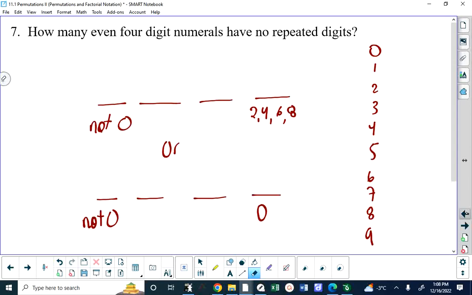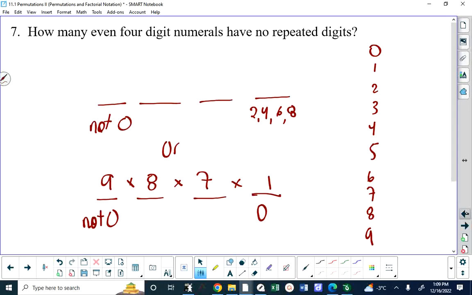There's no other way that I've ever discovered or seen where it works. So if you say, let's just do the even ones that end in a 0. Well, this is 1. And you've used the 0, which means this is 9. And then this is 8, and this is 7. We could figure that out.